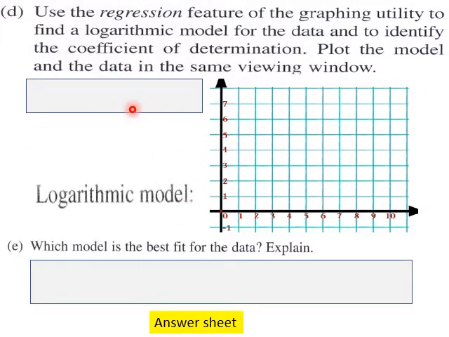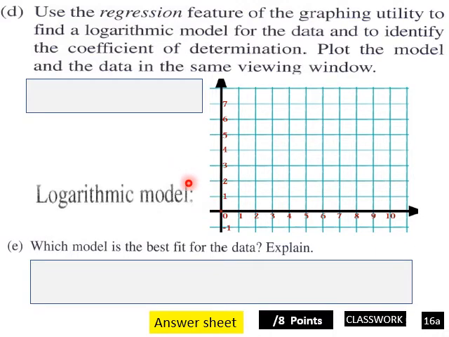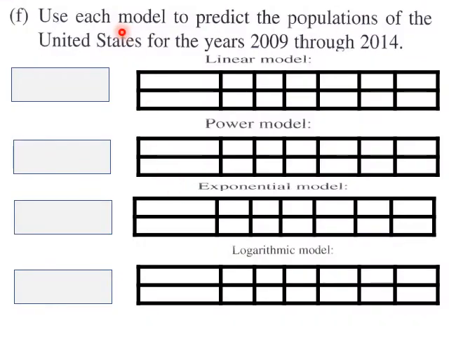And then we have a logarithmic model, part D. So we have a logarithmic model, and then E, which model is the best fit for the data? Explain. So we got a 4-part word problem here worth 8 points. And then F, use each model to predict populations of the United States for years 2009 through 2014.